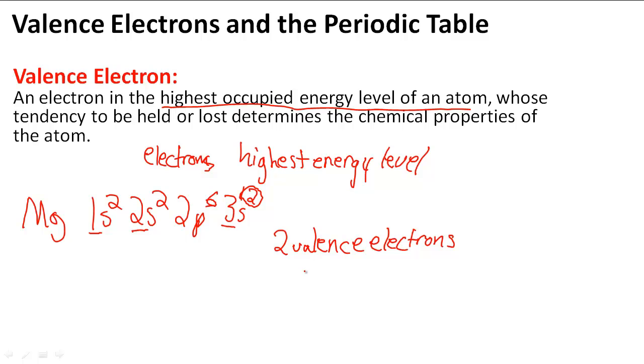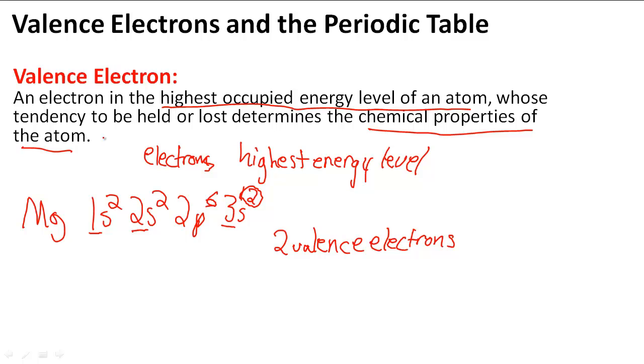Those valence electrons are very important because they help us understand the chemical properties of the atom or different elements. Another way to know how many valence electrons there are is to look at the periodic table and know the group numbers.